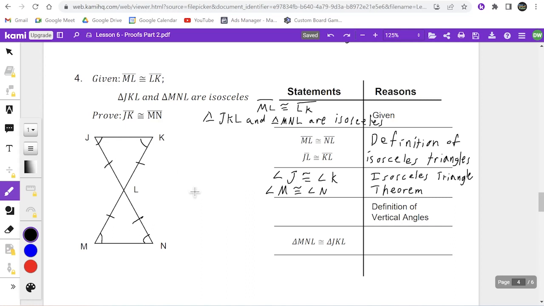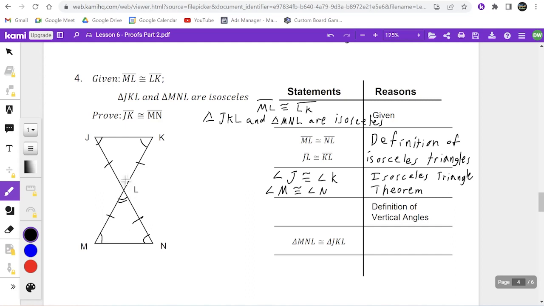Okay, next you see definition of vertical angles. What do you think I'm going to say this time? Which two angles are vertical? J and N are vertical angles, along with K and M are vertical angles. Incorrect, but thank you for trying. The reason why is because vertical angles always happen at intersecting lines. The only lines that are intersecting here are at L right here.